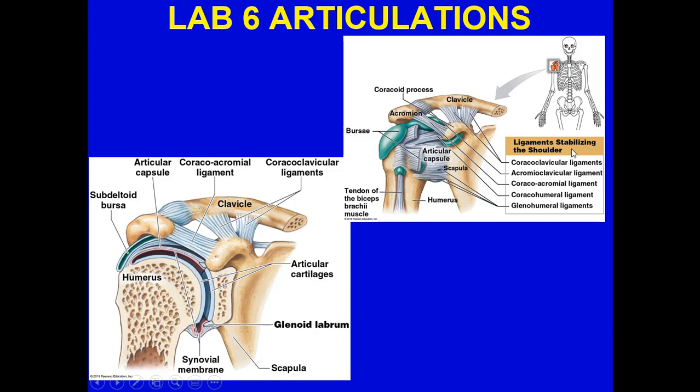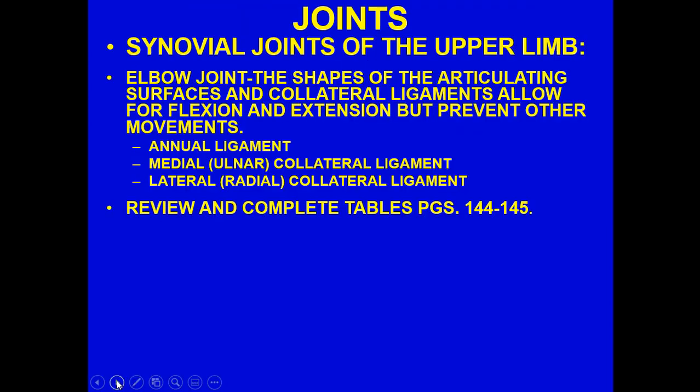The ligaments stabilizing the shoulder, we've talked about the coracoclavicular ligament, the acromioclavicular ligament, the coracoacromial ligament, the coracohumeral ligament, and the glenohumeral ligament. You need to know all of these, okay? Note that there's also the presence of some bursa, okay?